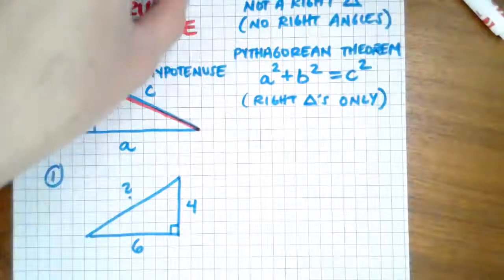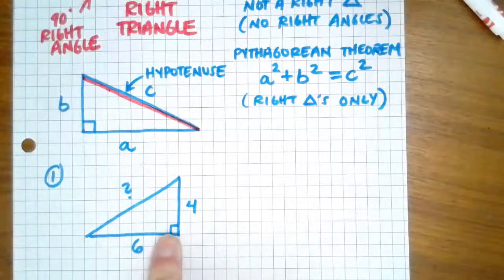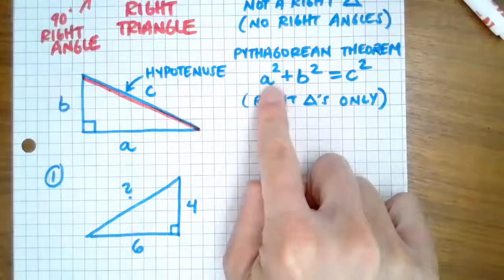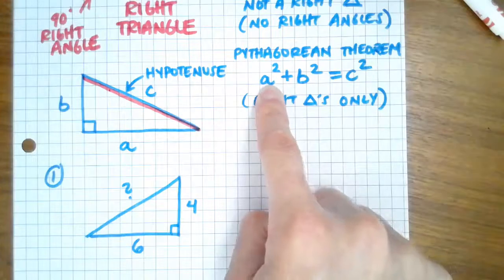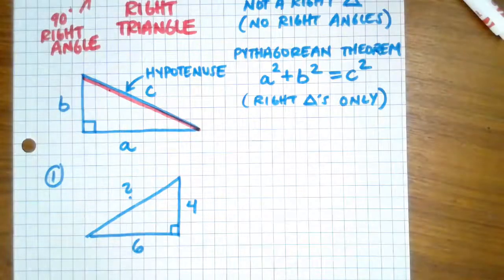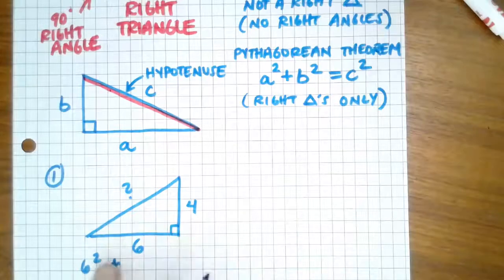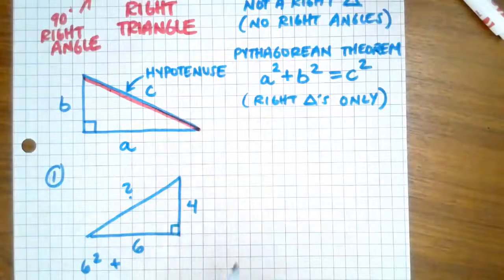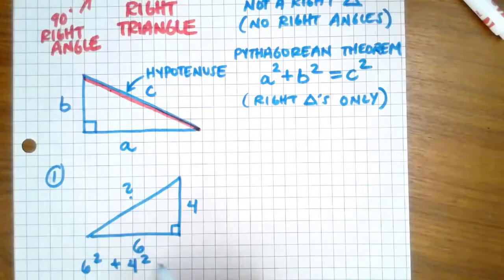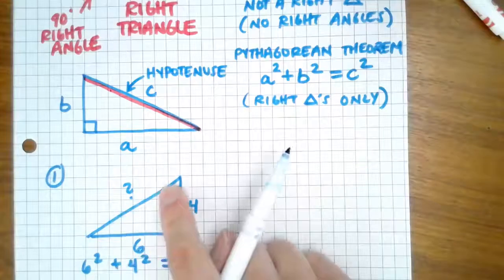We know from the Pythagorean theorem that if it's a right triangle, I can take the length of one of the legs squared. So let's take 6, for example. That's one of the legs, so I can say 6 squared plus the other leg, which is 4, that squared, has to be equal to whatever this hypotenuse is squared.